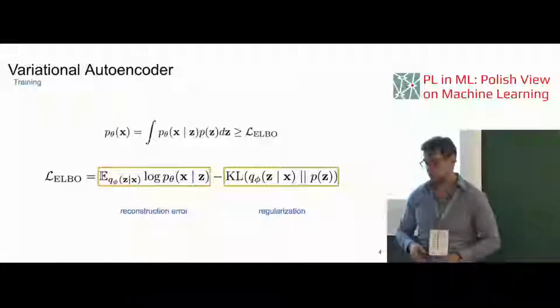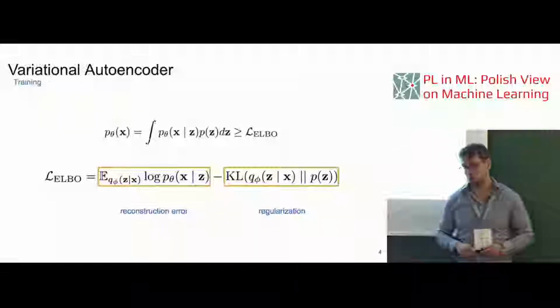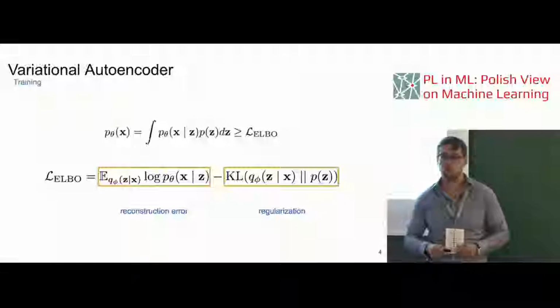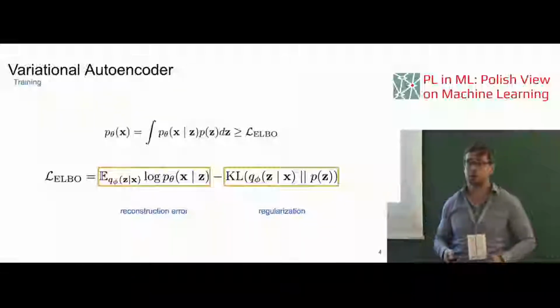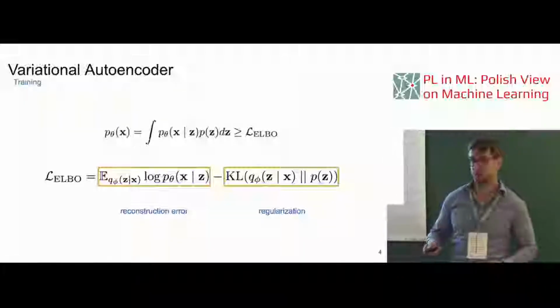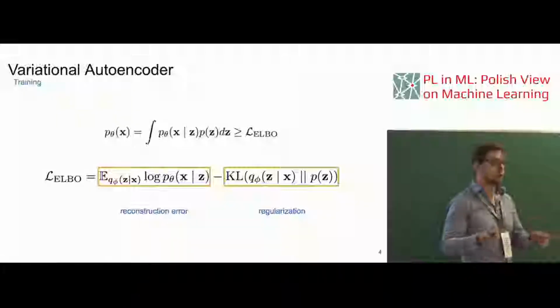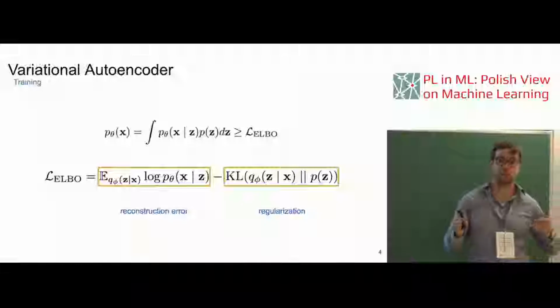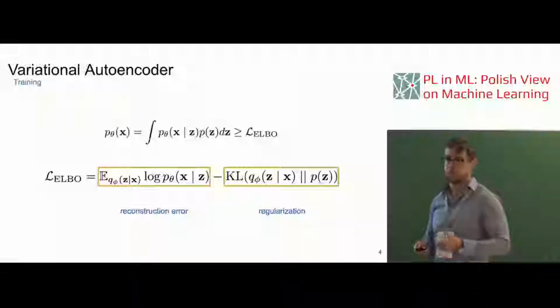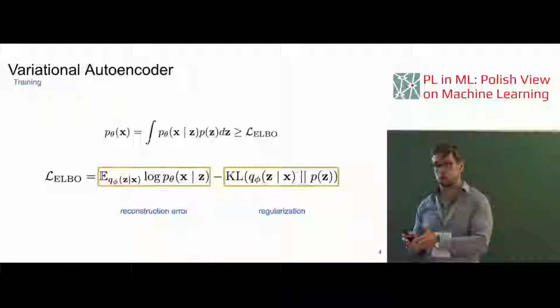Especially in the second term, the regularization, we have this conditional distribution Q of Z given X, which is our approximate posterior, and we have the prior distribution P of Z. This is important because having this term in our objective will bring the approximate posterior, which allows us to do inference from data, very close to the prior.